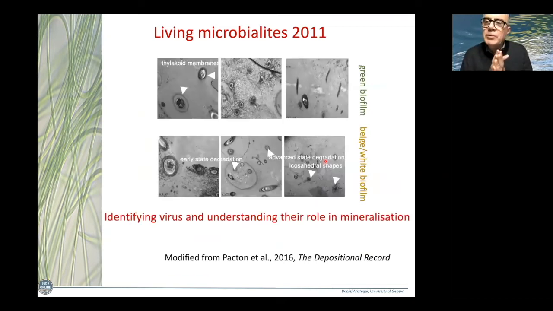Something really interesting, which we have also heard in another presentation in this series of webinars by Maurice Tucker, where he was talking about virus, is that, and this was a lot before COVID, we found elements like these thylakoid membranes that are typical of virus in the green biofilm, but a lot more in the beige white biofilm.